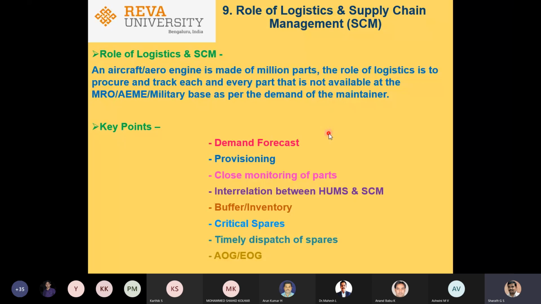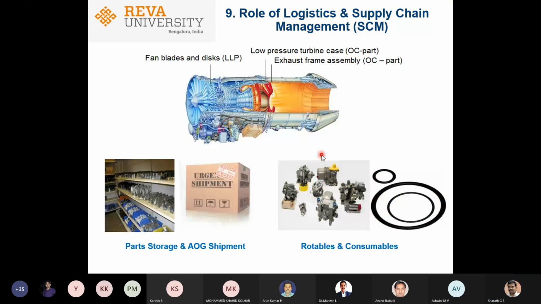There are different kinds of parts. We'll see over here. Like we have life limited parts and we have on condition parts and we have some consumables over here. Life limited parts are those parts which have life and they have to be replaced when they complete their life.